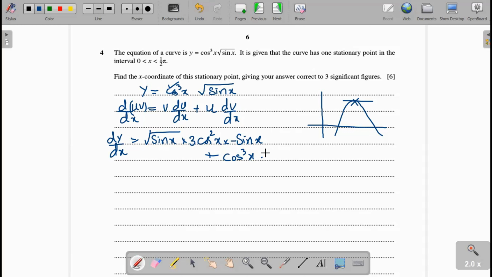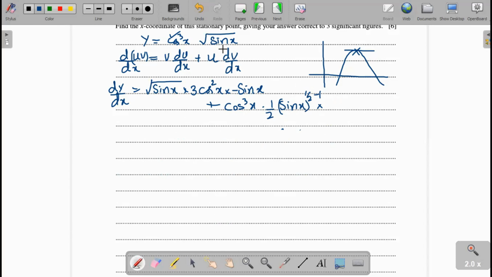The derivative of square root of sin x will be 1 over 2 times sin x to the power of 1 over 2 minus 1, and then again the derivative of the base, the derivative of sin x, will be cos x.